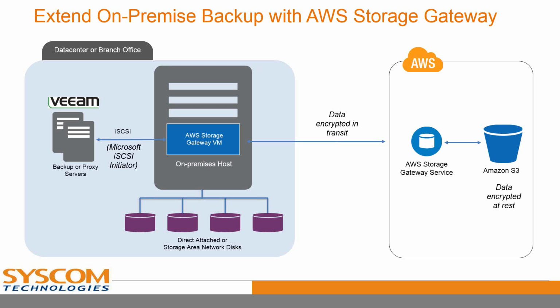The difference between those two: with the gateway cached volume, let's say you have a terabyte worth of data, you're going to need approximately 20% of that, so 200 gig, local. The most recent data would be cached in that 200 gig, and all the data is stored as a copy up in Amazon in the S3 service.